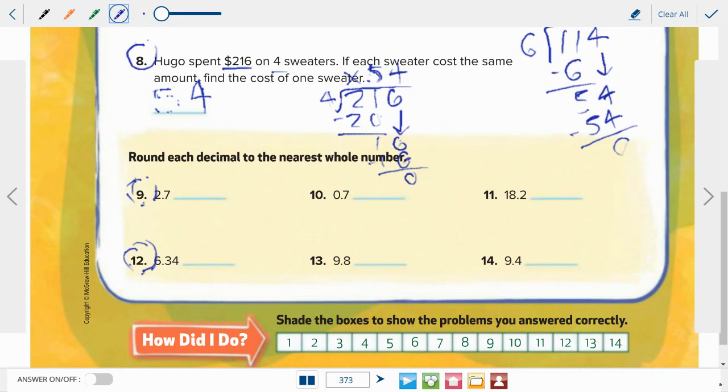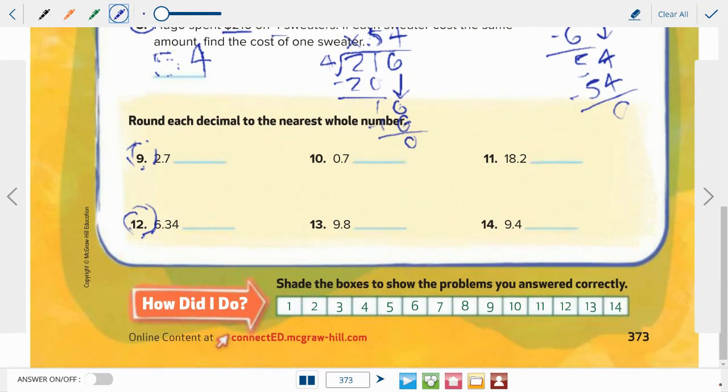All right. Round each number to the nearest whole number. A whole number is into the ones place, right? So if it's asking you to round to the nearest whole number, that means to the ones place. What's in the ones place in this number? It's the 2, right? So we look at the next number, which is a 7. 7 is bigger than 5, which means we're going to round up to 3.